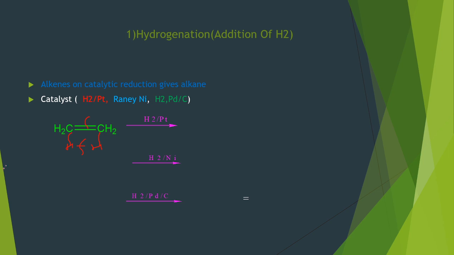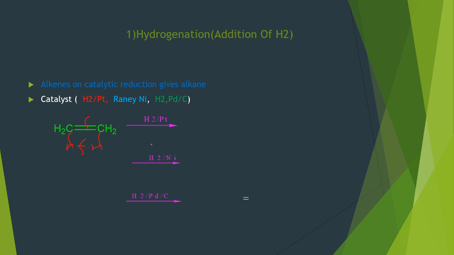What was the valency of this carbon actually? It was 4 valency. It was also 4 valency. When we break it becomes 3 valency. Then we just add hydrogen across the double bond. Therefore we will add hydrogen here and also hydrogen here.